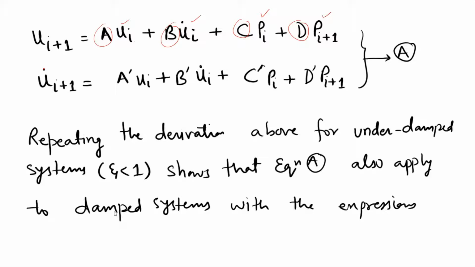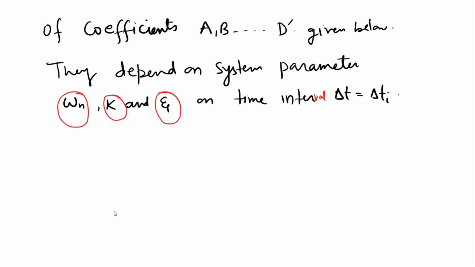Repeating the derivation above for damped systems, xi less than 1 shows that equation A also applies to damped systems, with the expressions of coefficients A, B, C up to D prime given below. They depend on the system parameters omega and k and xi when the damping is acting, on the time interval delta t equals delta t_i.